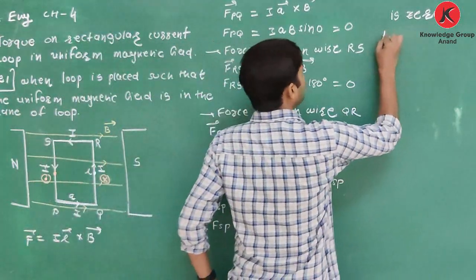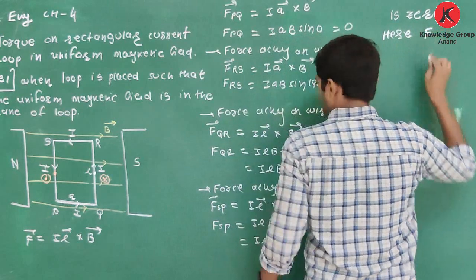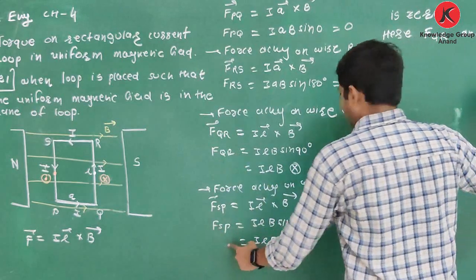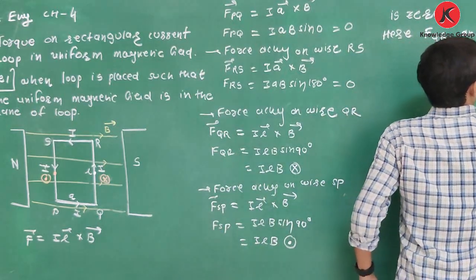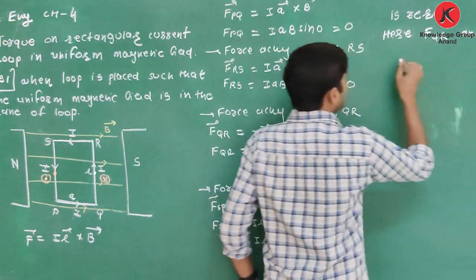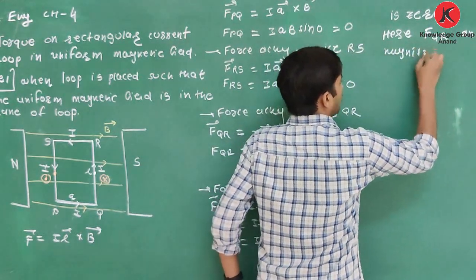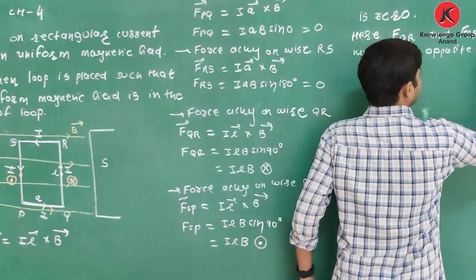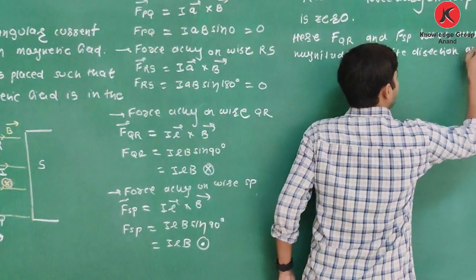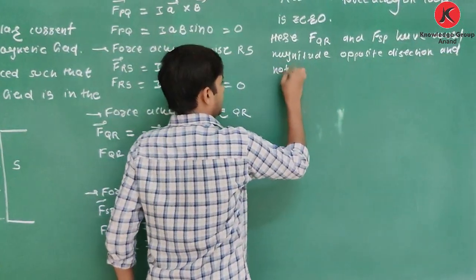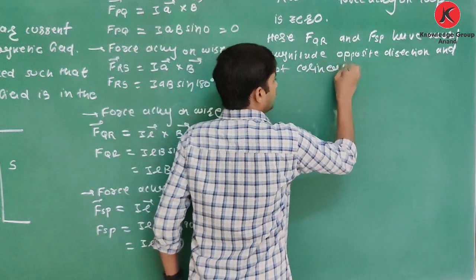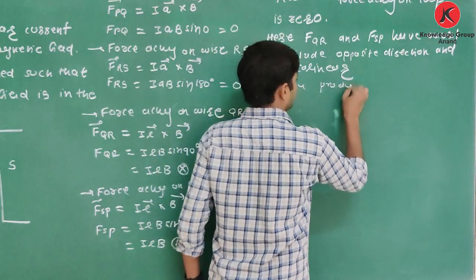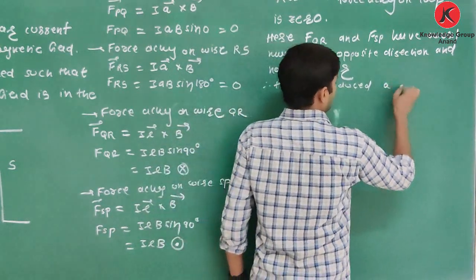So here, how to write? Here, F_QR and F_SP have equal magnitude, opposite direction, and not collinear, therefore they form a couple.